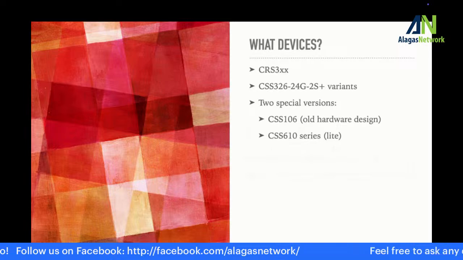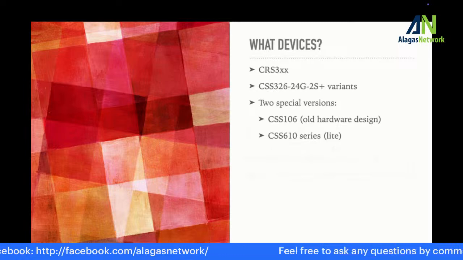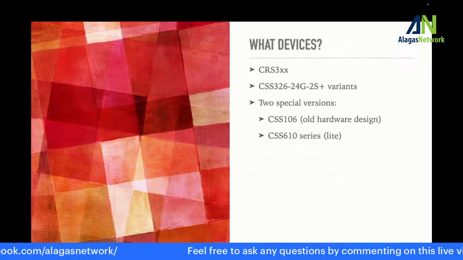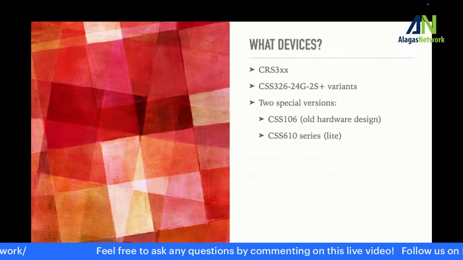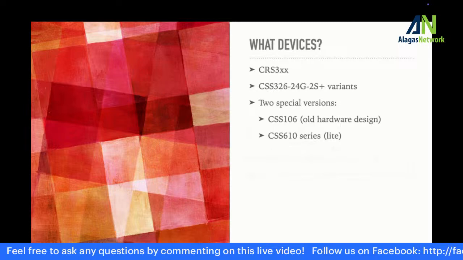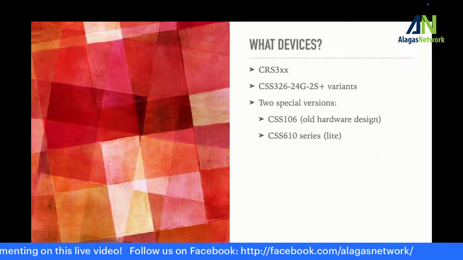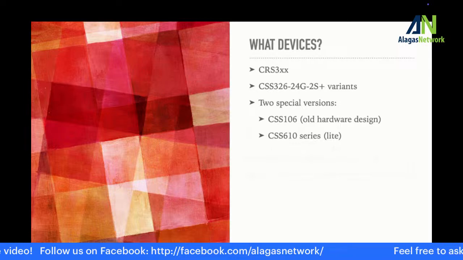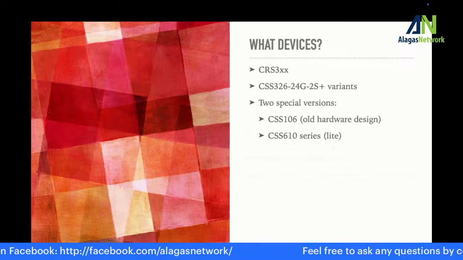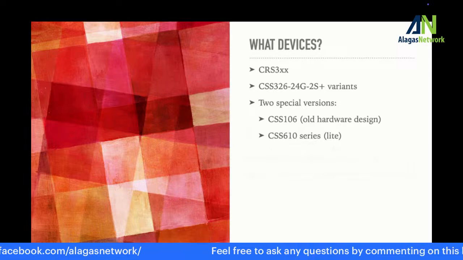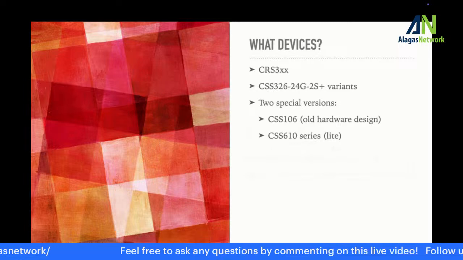So what devices actually support SwOS? All the CRS 300 series, and I believe the 500 series also supports it, and the CSS 326 variants. And in SwOS, there are actually two other special versions.